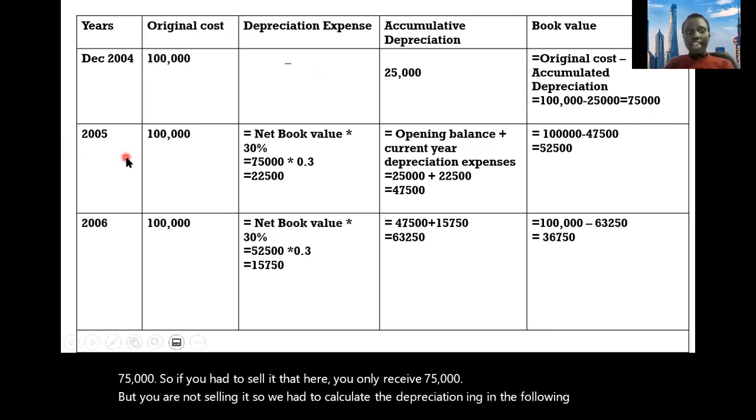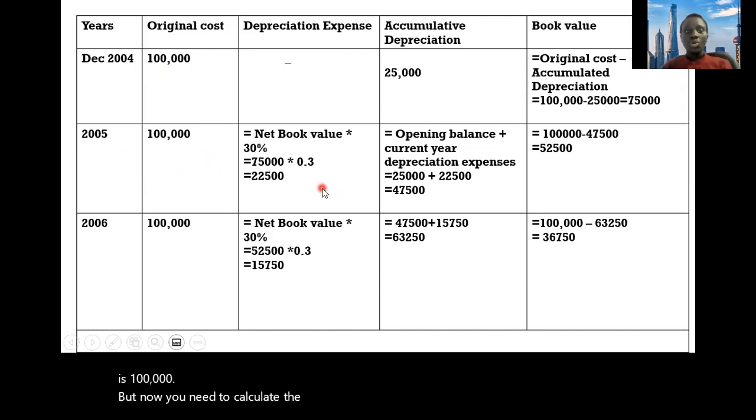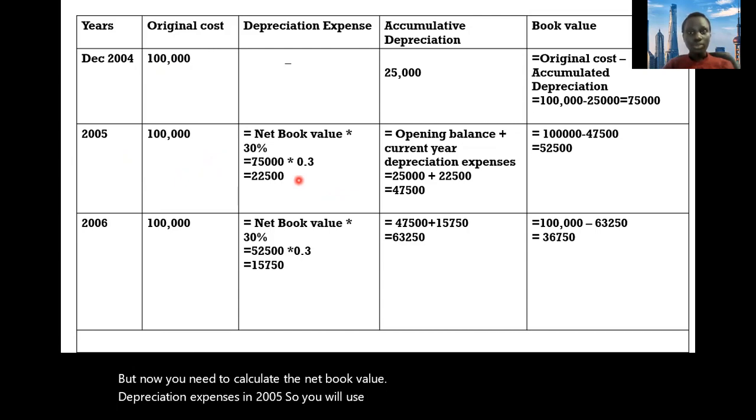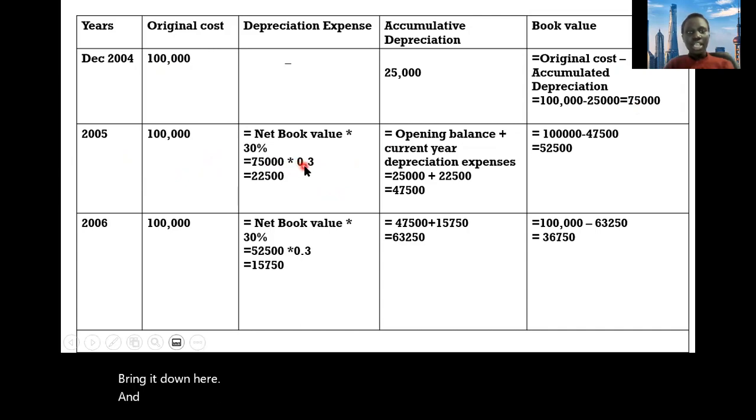So 2005, you come down and you record the original cost, which is always the same in this kind of method, 100,000. But now you need to calculate the depreciation expense in 2005. You will use the net book value from the previous year, which is 75,000, bring it down here, and then times the rate, which is 30%.